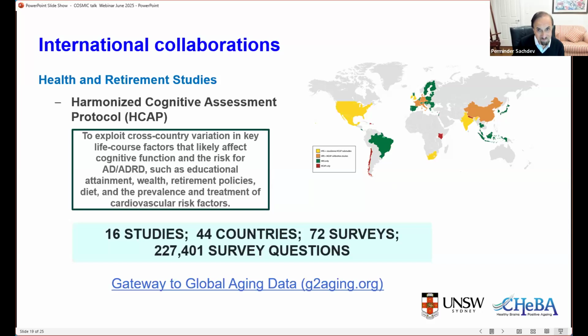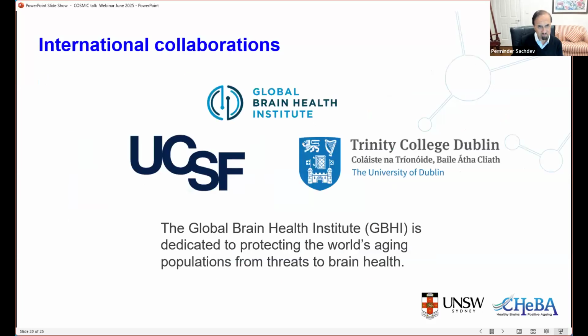And we feel that there may be synergy between the two consortia that we could combine. These data, the HRS data, are also all available on the Gateway to Global Aging and have been very well harmonized. So we think that this could be a productive collaboration.